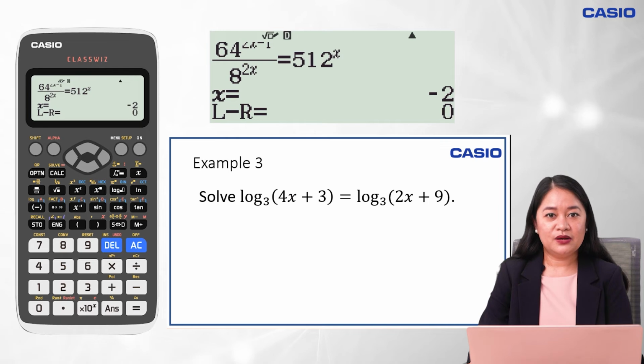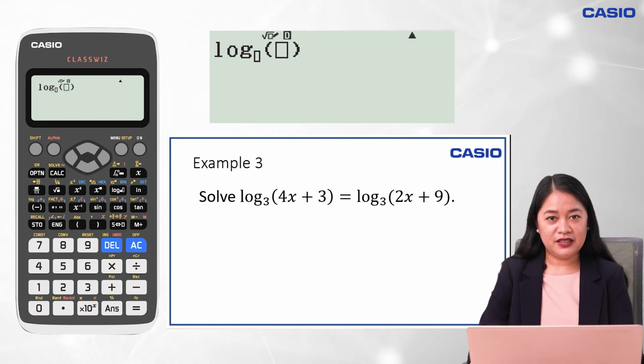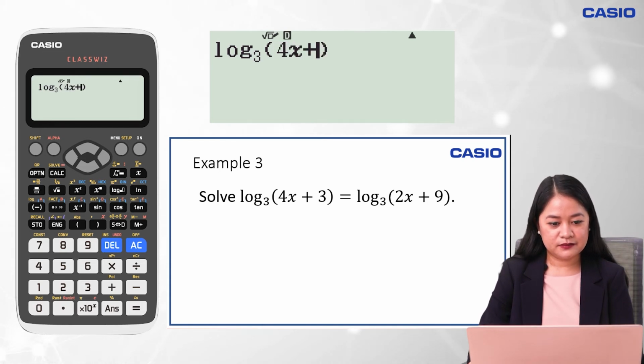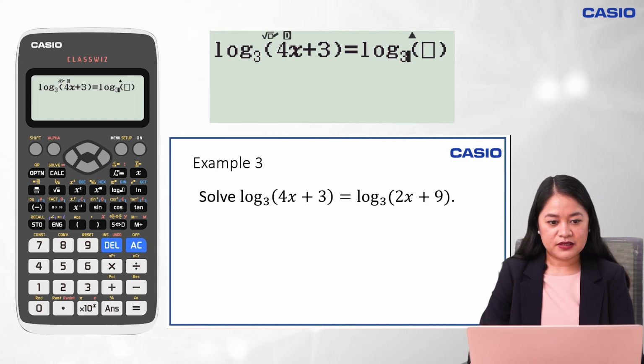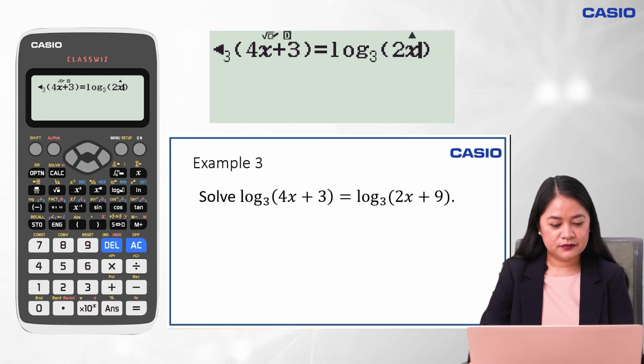So, input the given logarithmic equation by pressing the following buttons: logarithm key, 3, right arrow key, then input 4x plus 3, right arrow key again, and then we input the equal symbol, that is Alpha, Calc, and then log key, input 3, press right arrow key again to input 2x plus 9.